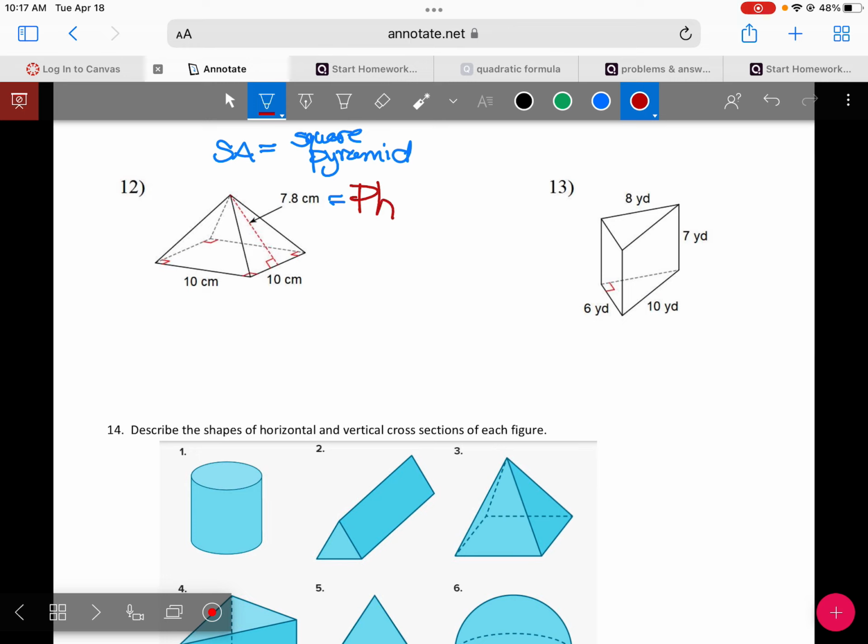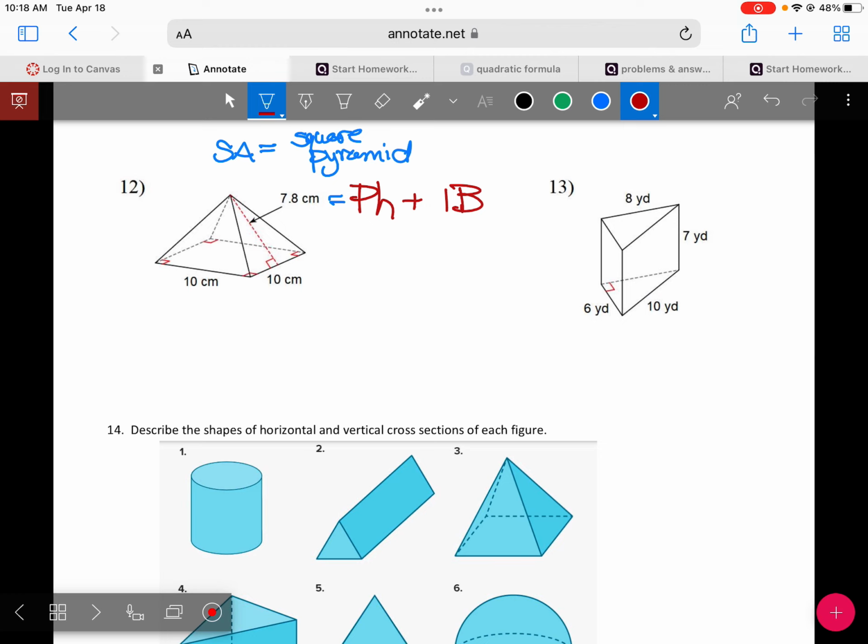P, capital P is perimeter, times the height, plus one base. That's a prism. We're looking at a pyramid.